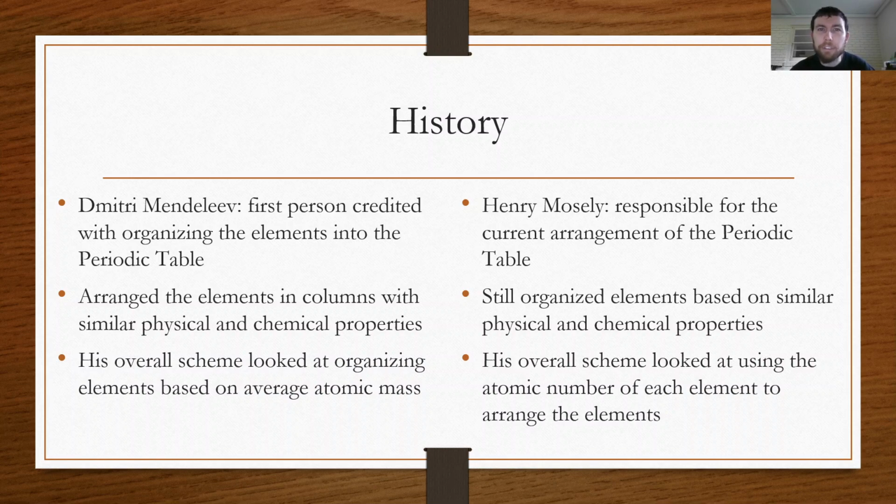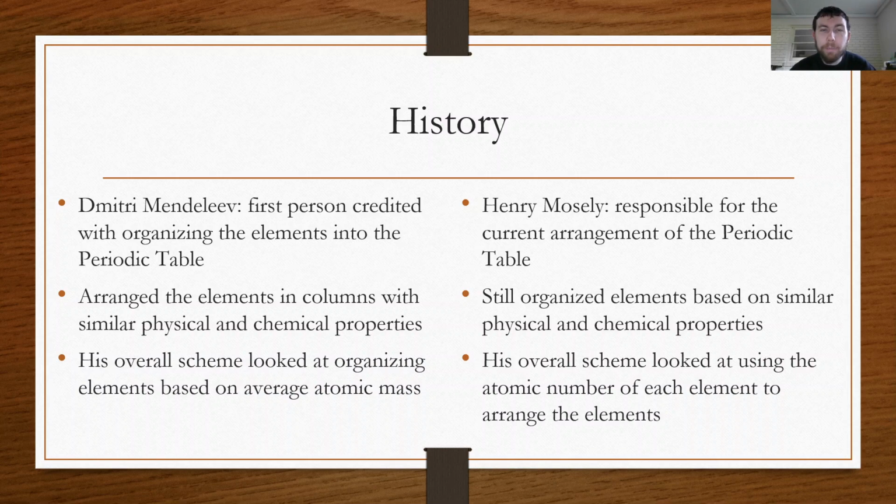That was our first chemistry unit. Now, his overall scheme in organizing his elements was based on average atomic mass. So if you think back to our work in the previous unit, that was that decimal number that was found in the element symbol. And so his arrangement was, let me place the elements on the periodic table based on an increasing average atomic mass.